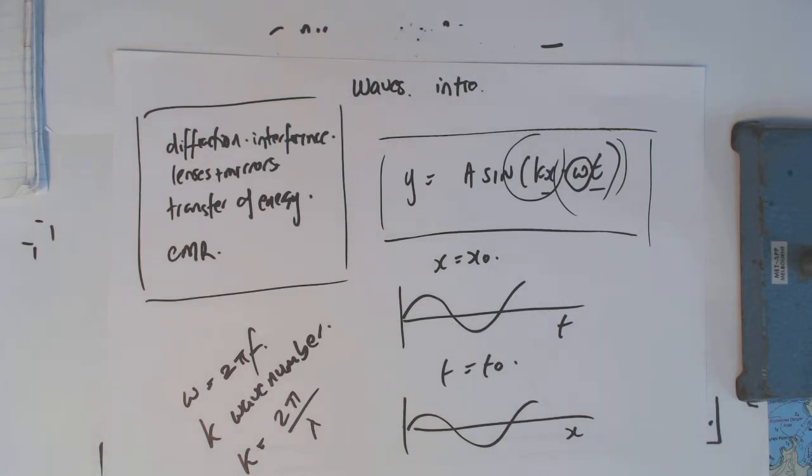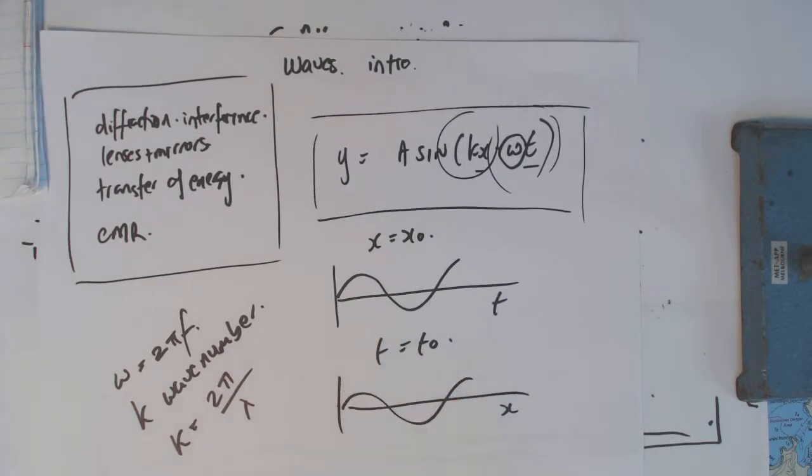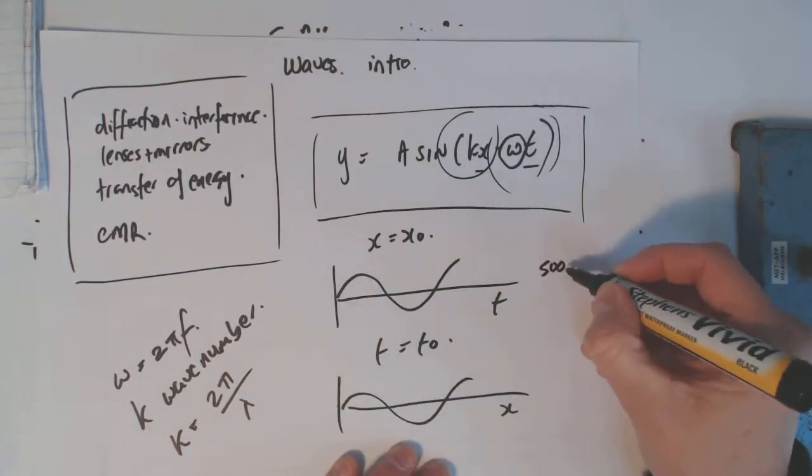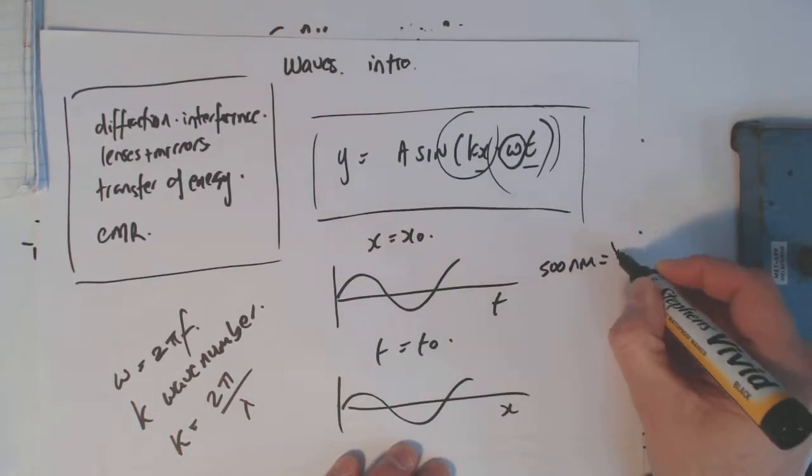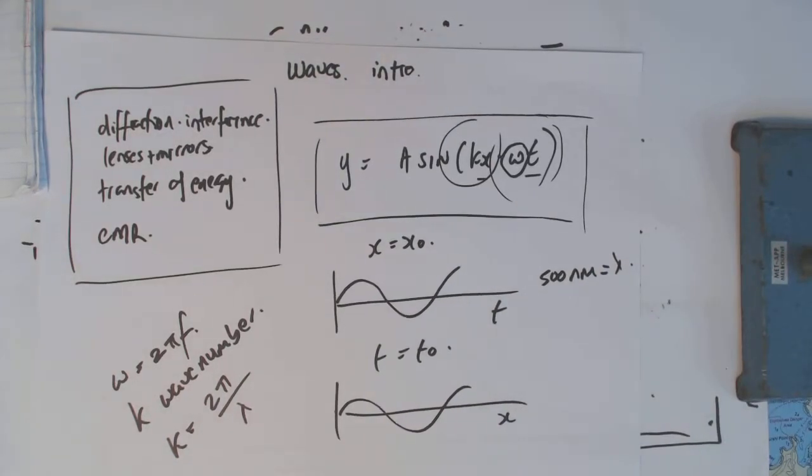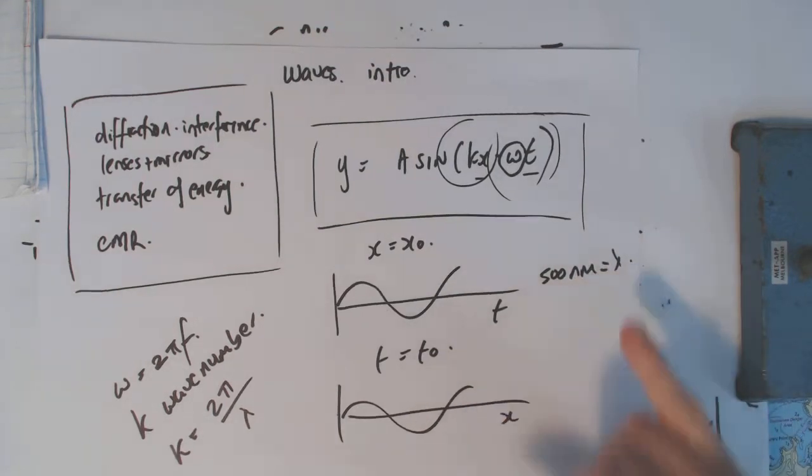All right. So we all know about wavelengths. A light wave, like green or something, is 500 nanometers is the wavelength. Very, very small. Half a micron. Now, half a micron means that there would be 2 million of them in 1 meter. So 2 million times 2 pi. 2 pi is about 6.